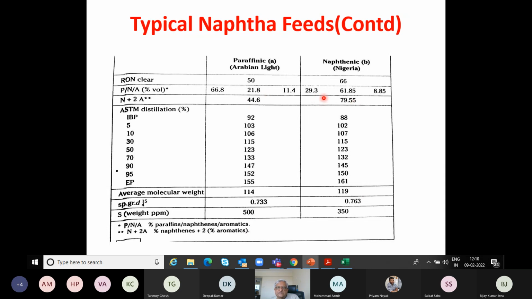So you can see that this particular feed's N plus 2A is much higher. So anything higher than 70 N plus 2A is actually a good feed for the reformer, because it will maximize aromatics, or if you're making gasoline, it will produce a much higher octane gasoline.